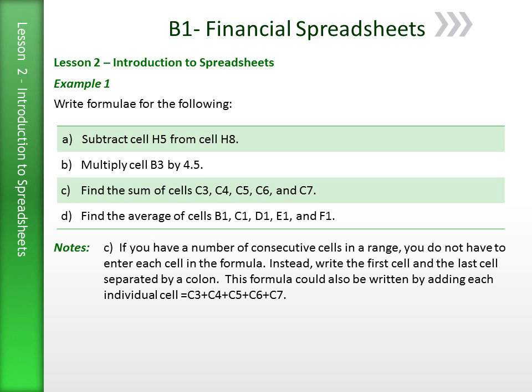Example 1. I'd like you to try writing the formula for the following. I will pause for a few seconds before putting in the answer. For A, subtract cell H5 from cell H8. Remember to start with an equal sign.